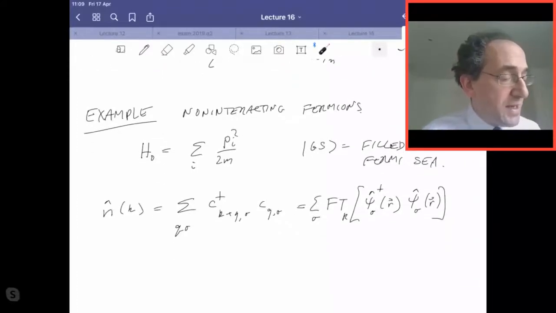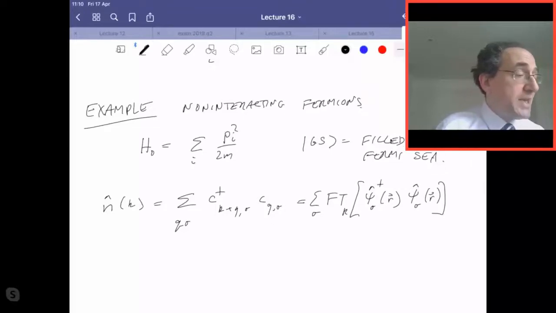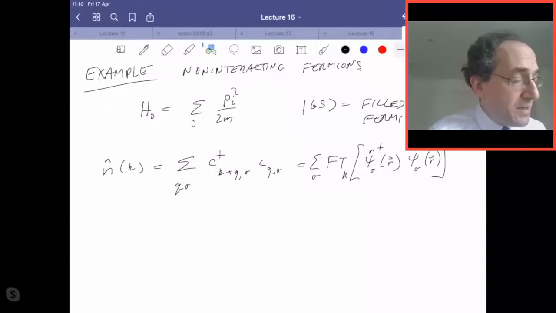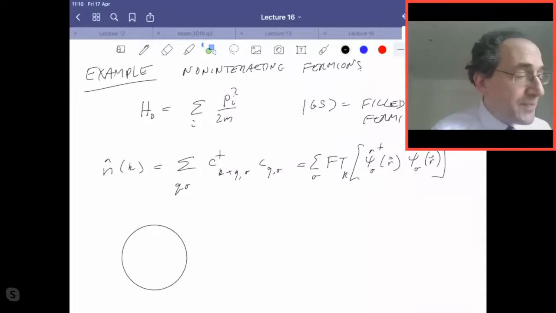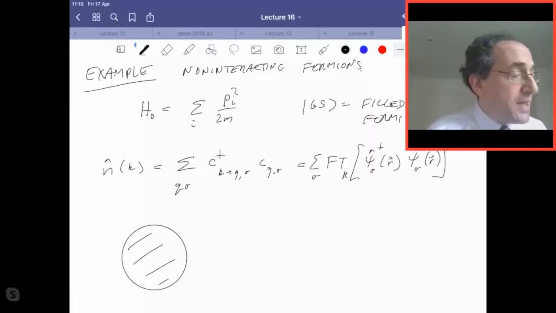So what does this operator do when it is applied to the filled Fermi sea? Let me draw a filled Fermi sea here. It's supposed to be a circle. Okay, it's a pretty good circle. We start with a filled Fermi sea, and if we apply this density operator at wave vector k to the filled Fermi sea, that takes a fermion from some arbitrary state q out of the Fermi sea and puts it up here at wave vector k plus q.